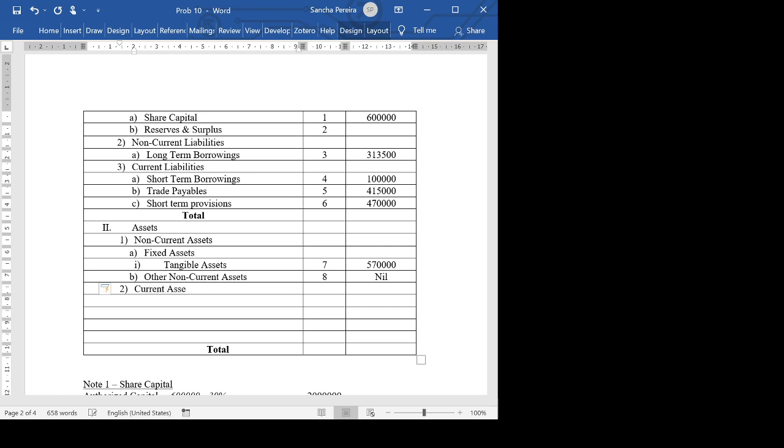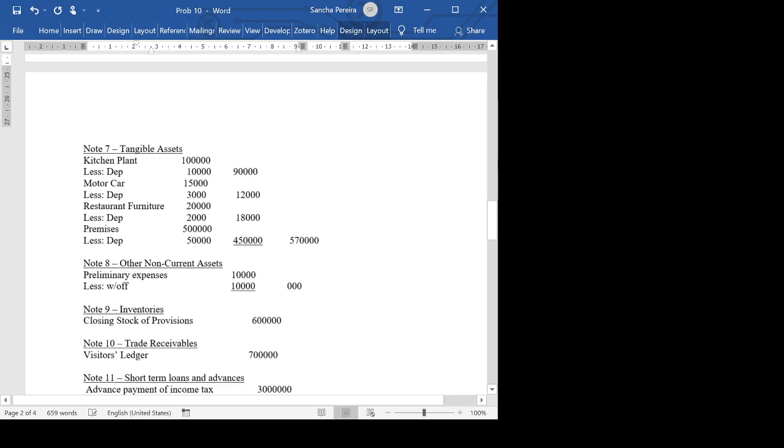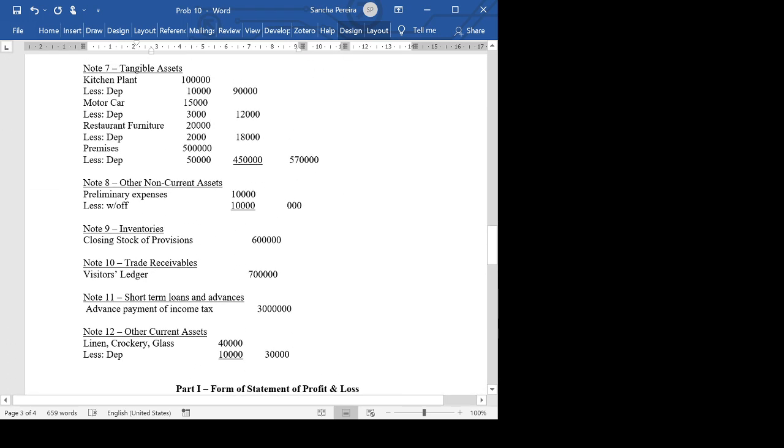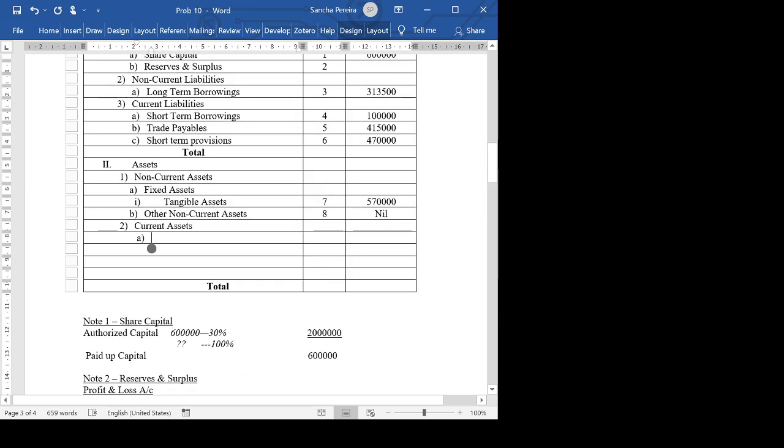Current assets. Under current assets, the first thing that we have is inventories, which is 6 lakhs. Note number 9, 6 lakhs. Then we have trade receivables, which is note number 10.